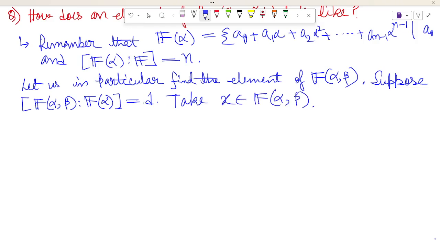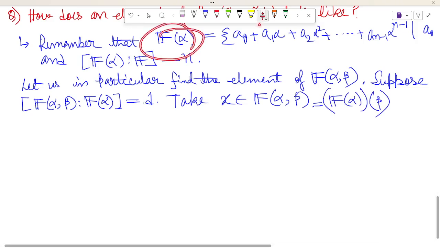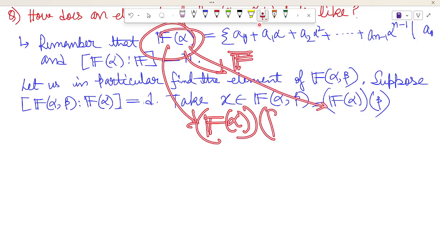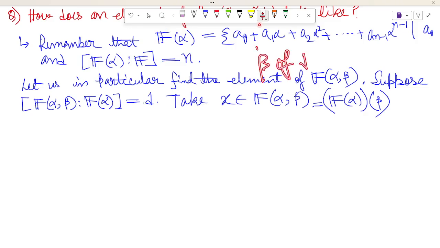Now, F(alpha, beta) is actually F(alpha) adjoin beta. Now, if we apply this formula, in place of F put F(alpha), and in place of alpha put beta, then it will be a polynomial in beta of degree d, right? Because the degree of extension is d, and we are about to find the minimal polynomial over F(alpha). Okay.